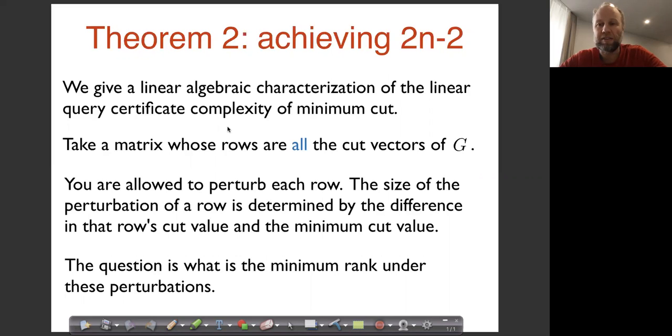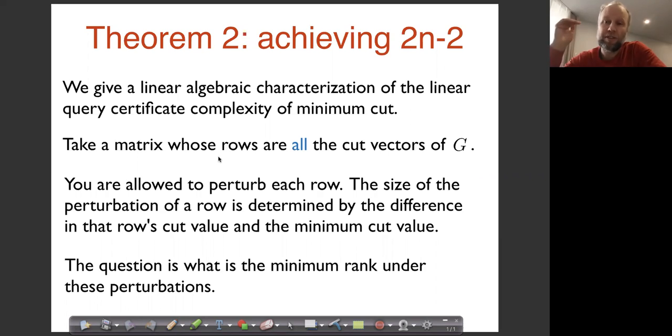So let me just describe at a very high level what this characterization is. Now, instead of just considering cut vectors corresponding to minimum cuts, we consider all cut vectors. We think about a matrix that has a row for every cut vector. So this matrix has 2 to the n minus 1 many rows.